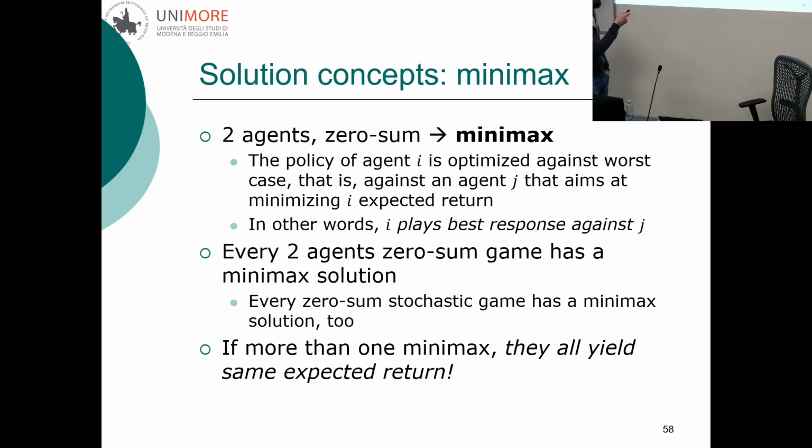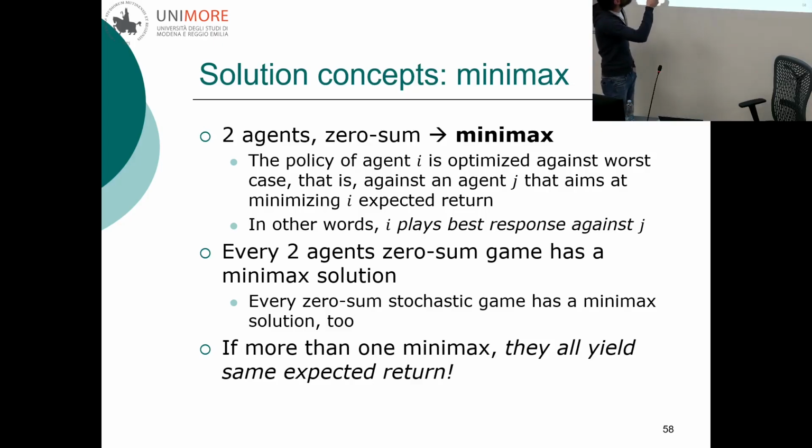This is just a reformulation of the general best response policy definition that we had in the previous slide, in this specific case. The policy of agent I is optimized against the worst case, which means my opponent J is also playing best response. This is why we call it minimax.